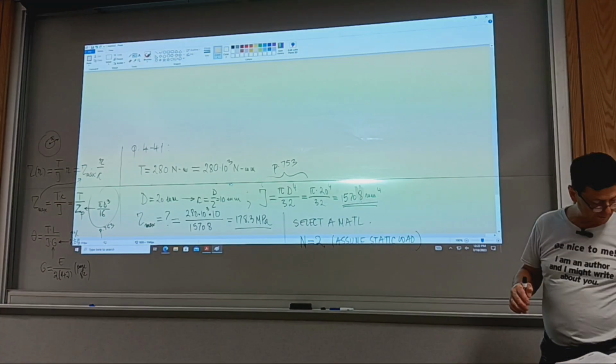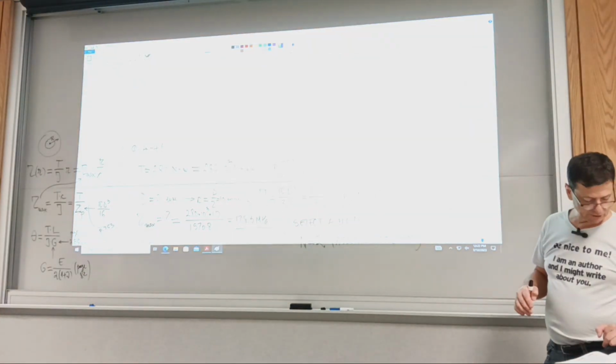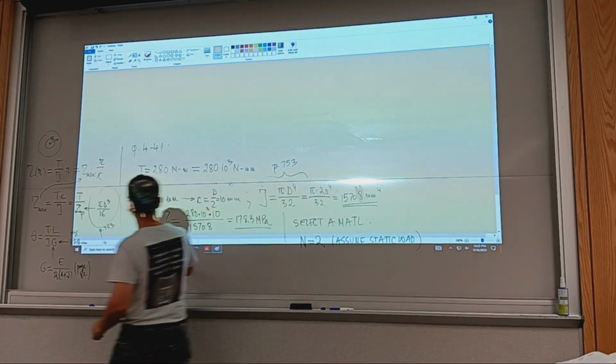So in the same section of the table, we use design shear stress. This is going to be our design shear stress, tau d.